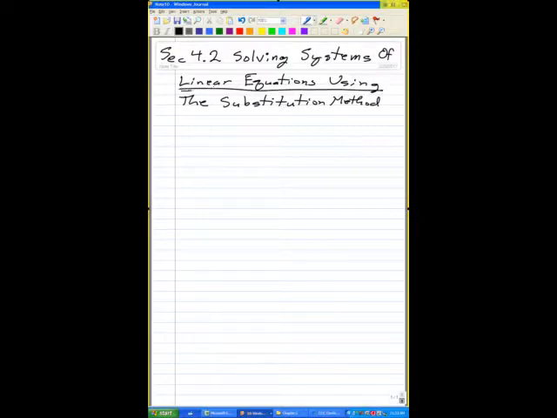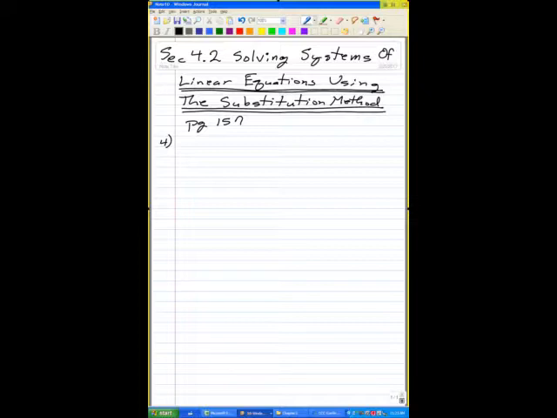So last time we looked at systems of linear equations, and we looked at solving them using the graphing technique. Now the graphing technique was really not very practical, and so let me give you a technique that is actually useful in solving systems of linear equations.